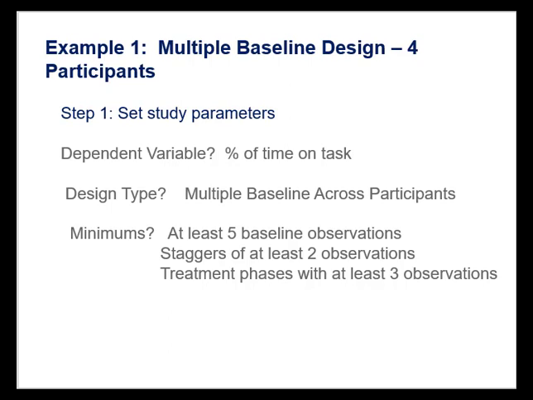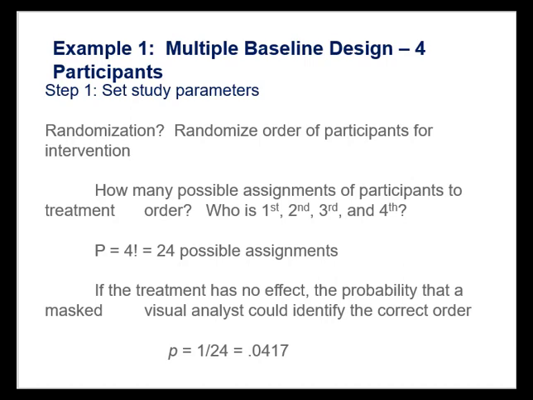They'll have 2 observations in the stagger, meaning that they'll stagger the intervention across participants. So some will remain in baseline, others will move to intervention. That stagger time has to be a minimum of 2 observations. And the treatment phase will last at least 3 observations.